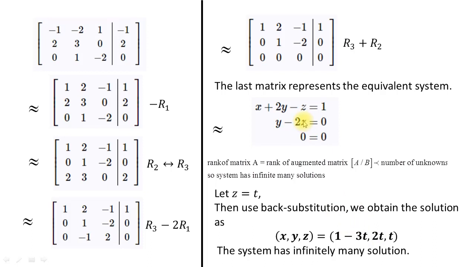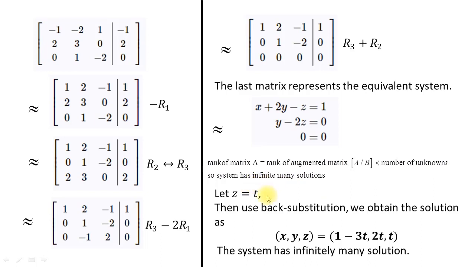Putting the value of z as t and the value of y as 2t in this equation, 4t minus t is 3t, and x is equal to 1 minus 3t. So x is equal to 1 minus 3t, the value of y is 2t and the value of z is t.